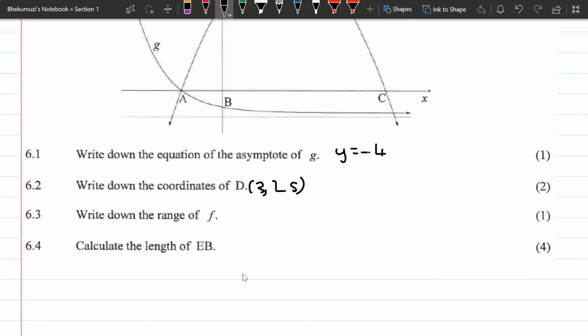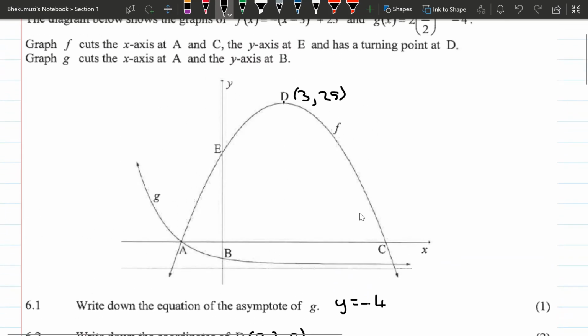And then the next question says write down the range of f. Now the range of f is quite easily found, right? A range is talking about all the y values. So what are all the y values that we find for f? In this case, obviously here at 25, this is the highest or maximum point, because this is the turning point. Once it turns back down, it would never go above 25.